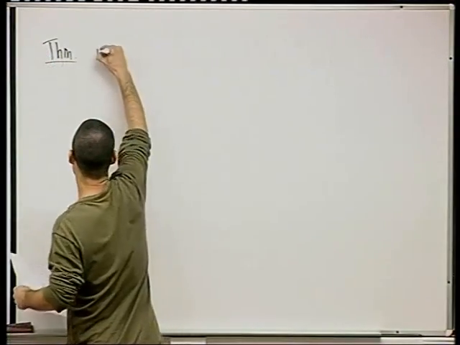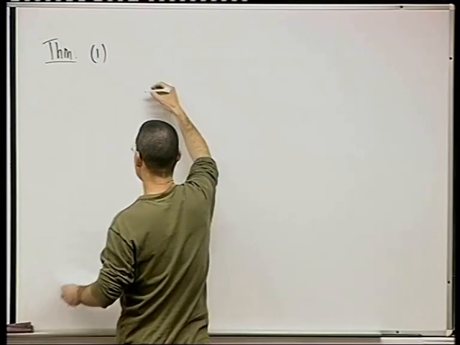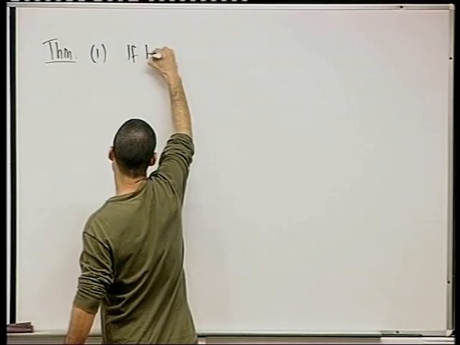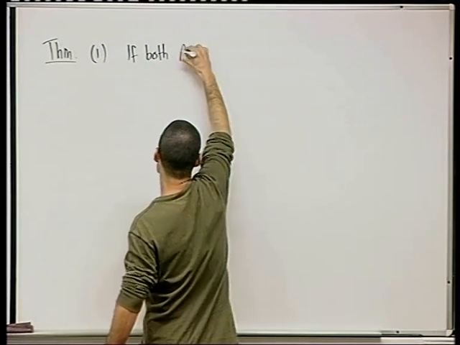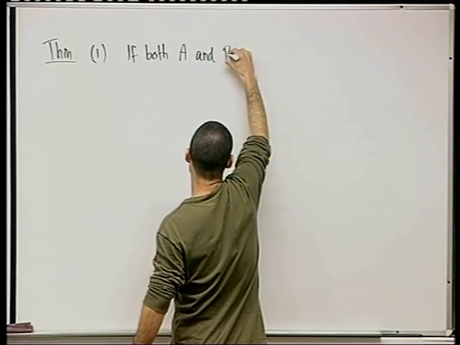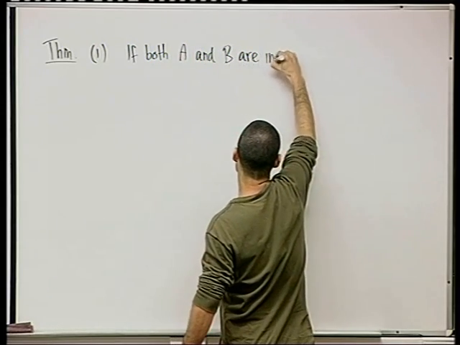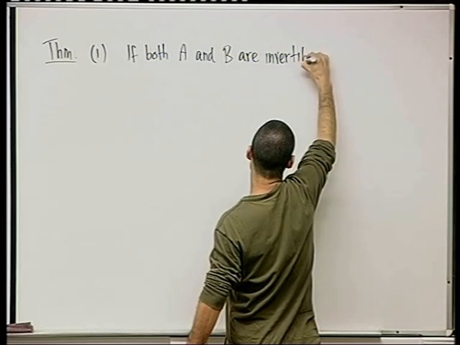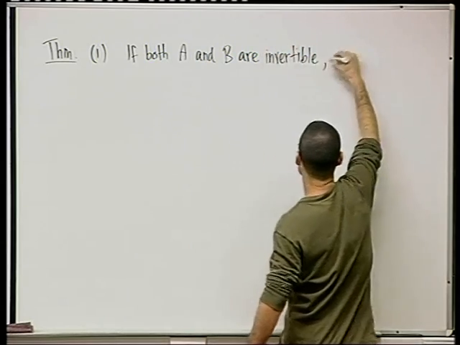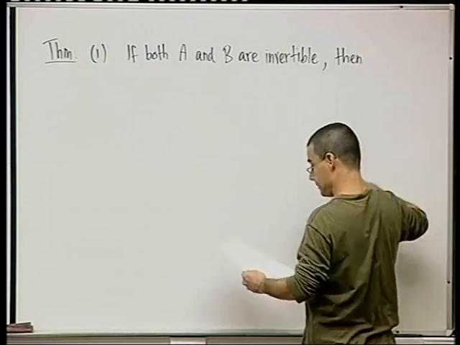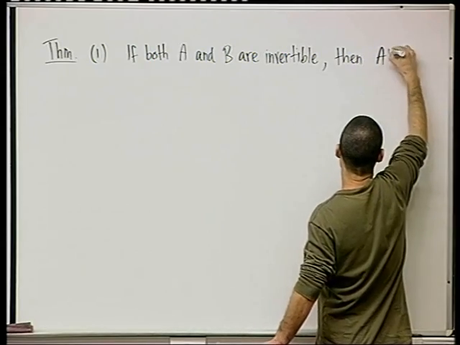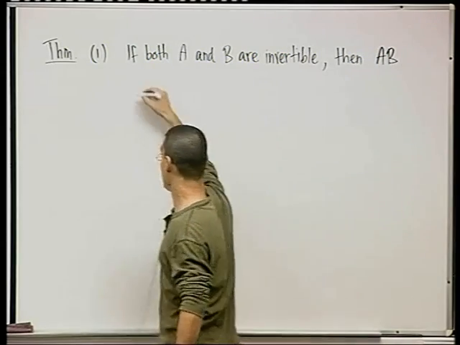So it's going to have two parts. The first part is if both A and B are invertible, so we're taking two invertible matrices, then their product, AB, is also invertible.